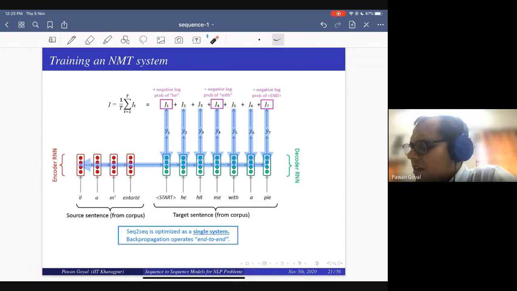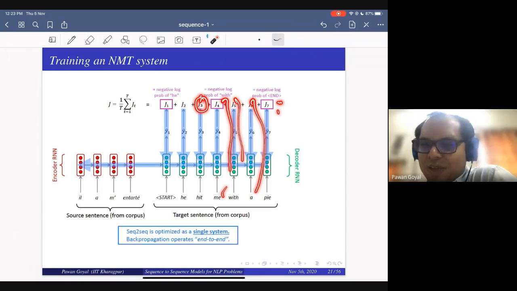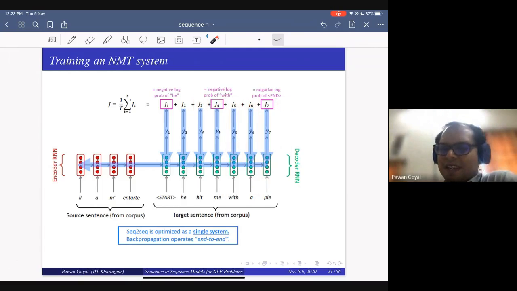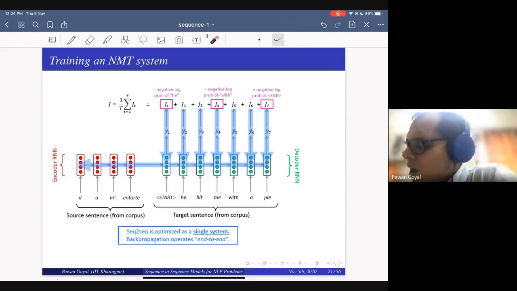Then you feed the correct word next time, and again get the negative log probability of the next word, and so on, up to the end of sequence. This is the end of sequence, because I know this is where my output sequence ends. So now these losses will be backpropagated through everything, and they are used to learn all these matrices.